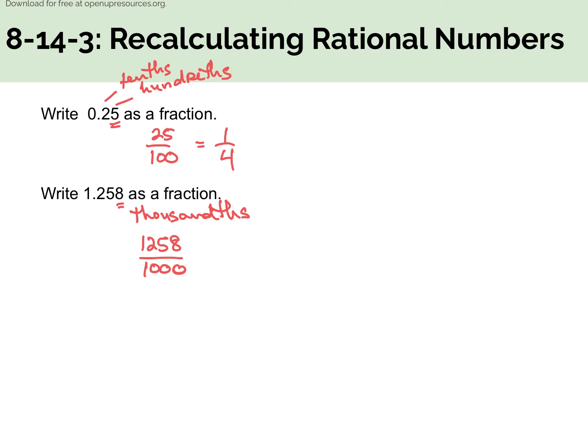I know that I can divide the top and bottom by 2. What is 1,000 divided by 2? That's 500. What is 1,258 divided by 2? That's 629. So the simplified form of 1,258 over 1,000 is 629 over 500.